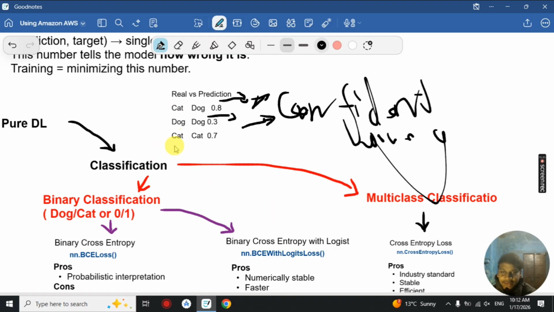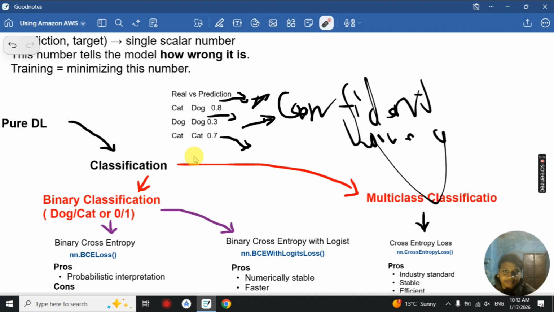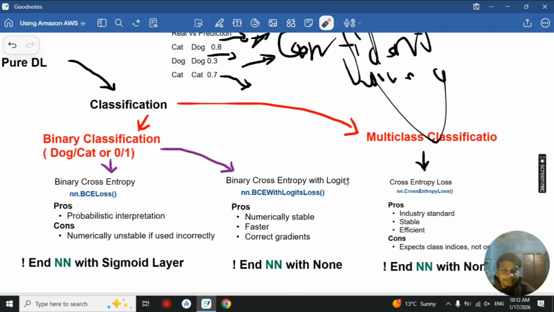And finally, for cat, if it is predicting the real thing with a confidence of 0.7, this is right, and it will raise a very low error. So in our classification problem, we penalize how confident the model is when wrong.